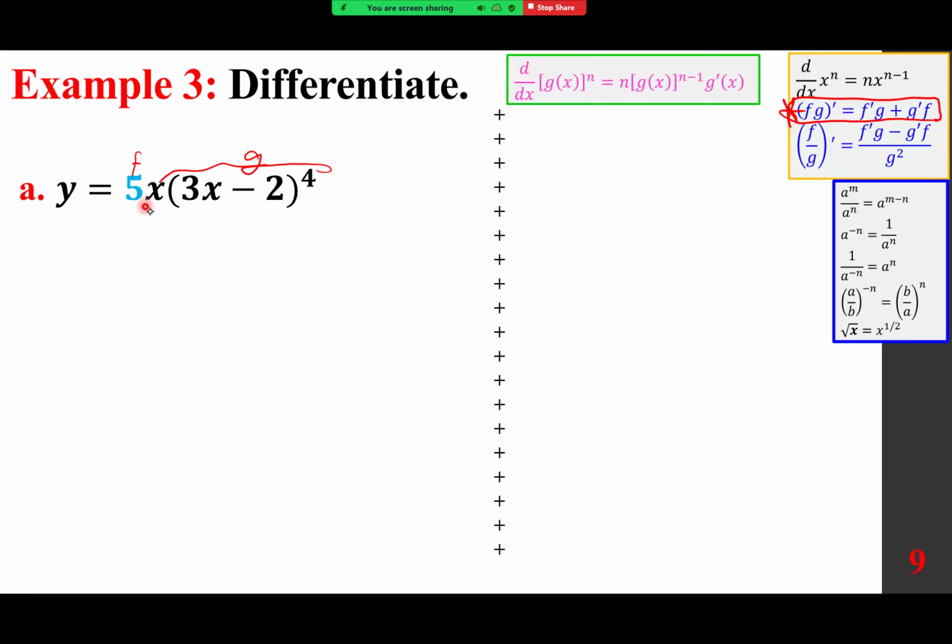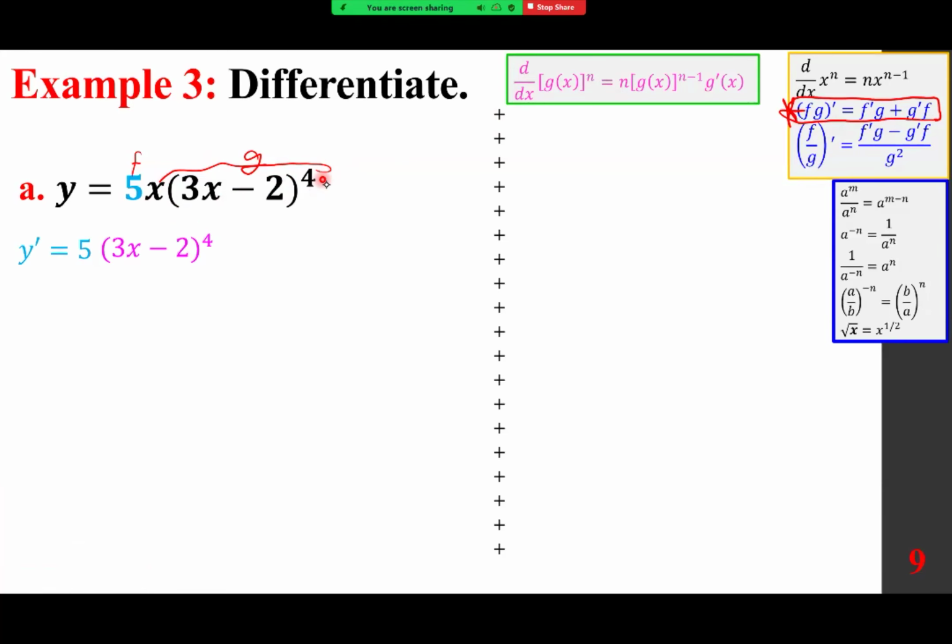So this is f. The derivative of 5x is 5. That's f prime. Then g, just write (3x minus 2) to the power of 4, plus g prime f. Now I need the derivative of this, for which I'm going to use the extended power rule.